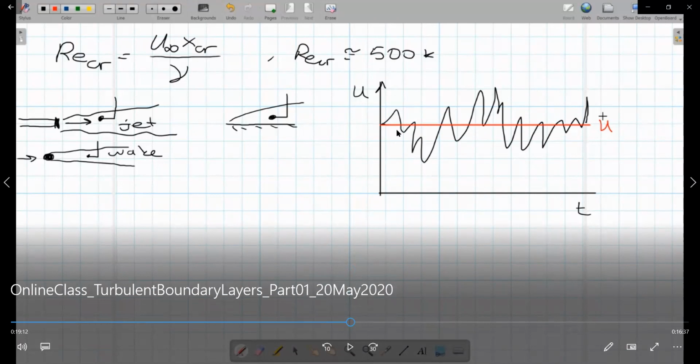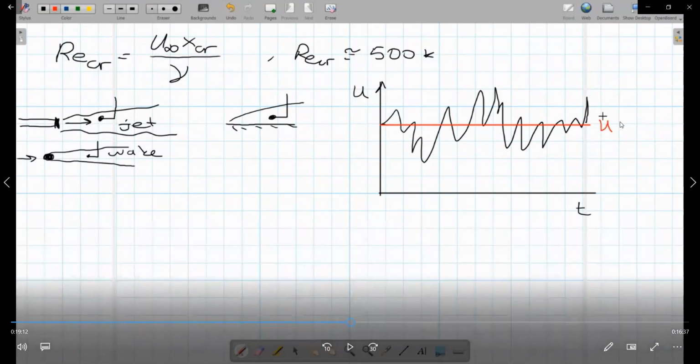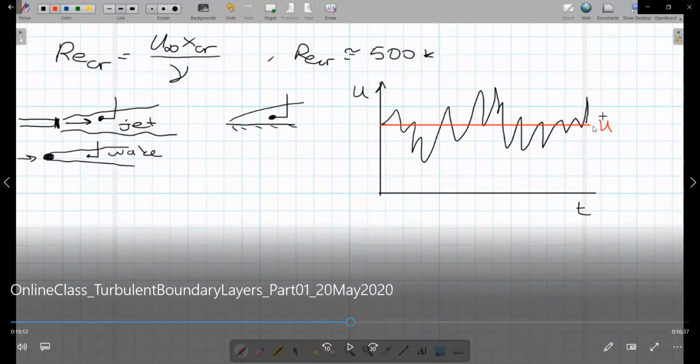That's a different argument. But in this case, if u bar is not changing in time, we call it a steady flow. If u bar itself, the average velocity that you calculate, the red line, is changing in time, then it becomes a truly unsteady flow, an actual unsteady flow.